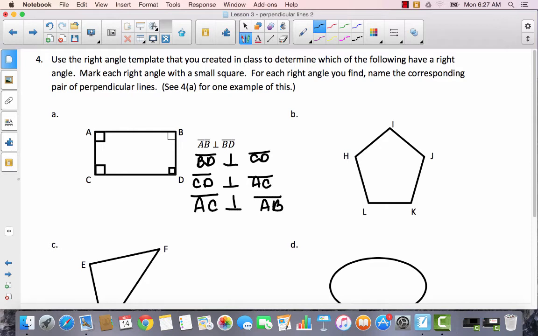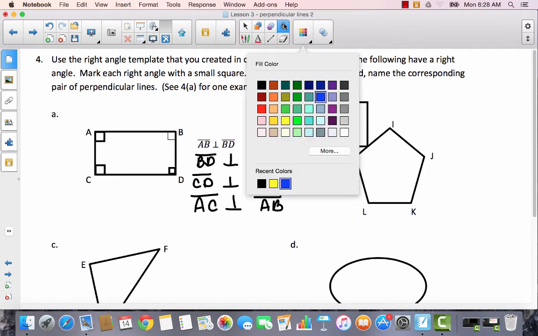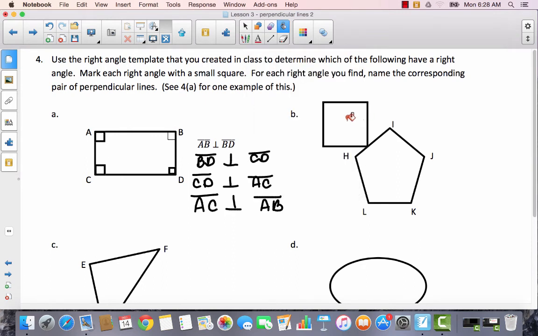Now, first of all, I'm going to go up here and create a little right angle template for myself by using a square, because I know that squares have 4 right angles. If I take this and fill it in with a color so it's a little bit easier for us to see, I'll make it green. Okay, now let's take a look at this.